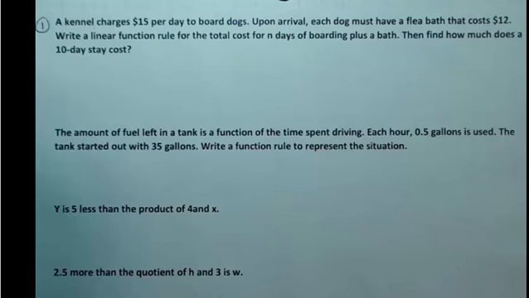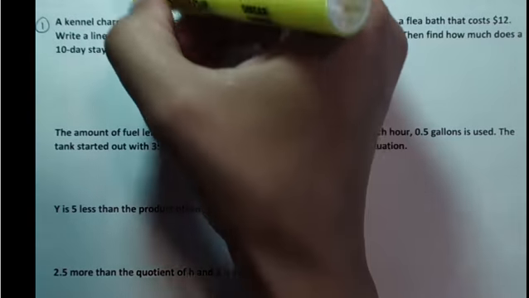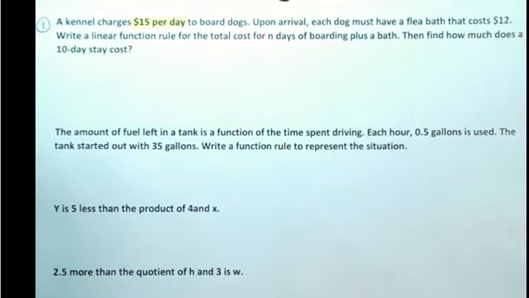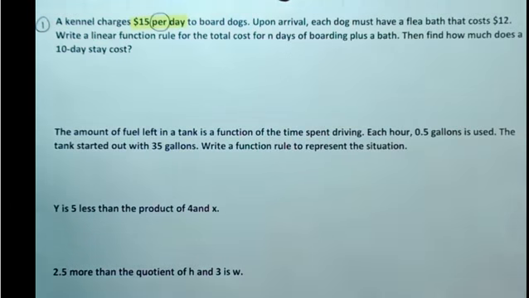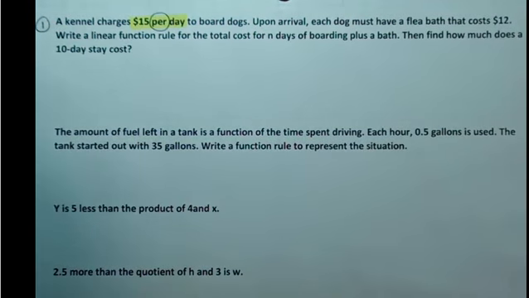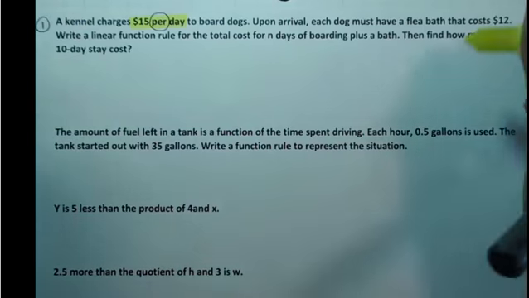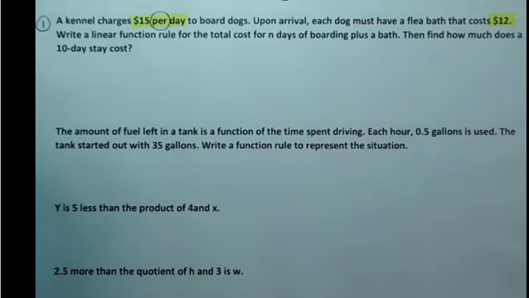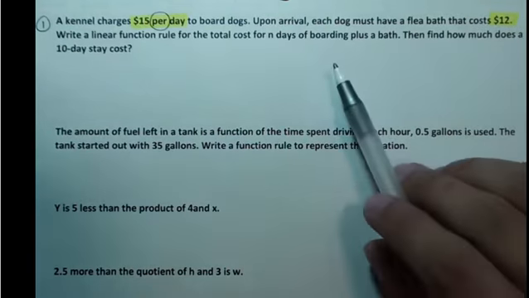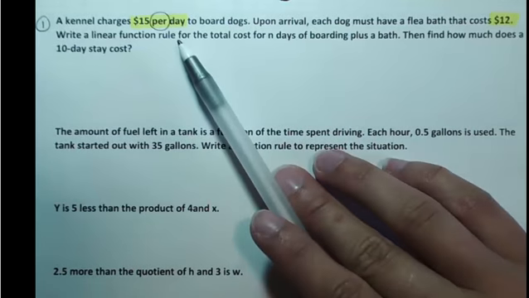Okay, so the question says a kennel charges $15 per day to board dogs. That's something I'm going to highlight, and one of the words that sticks out to me is the word per. So I know each day is $15. Upon arrival, each dog must have a flea bath that costs $12. Now, does it have to have a flea bath every single day?